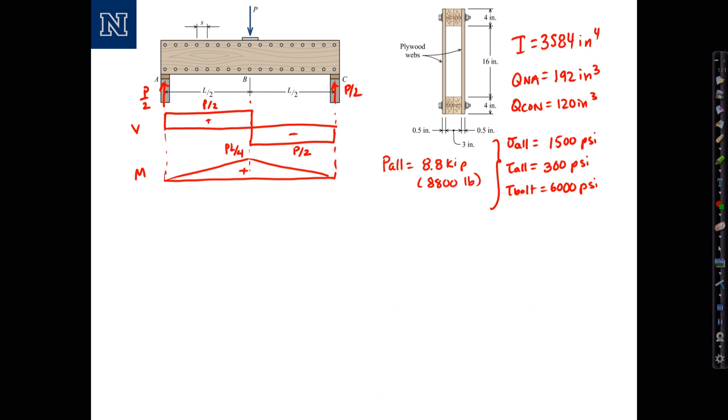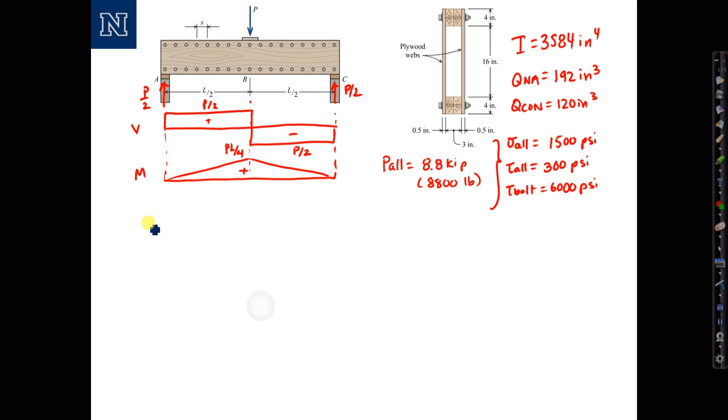So I'm going to skip ahead here and remind us of what we know so far, P allowable, the sigma allowable values, and then the 3 criteria, 3 things that we're trying to compute.